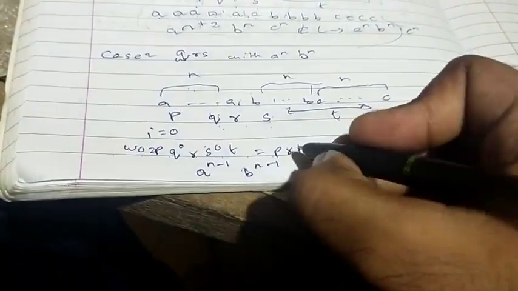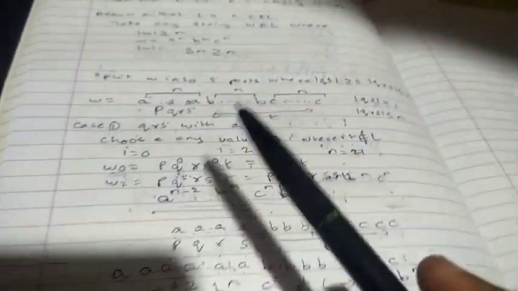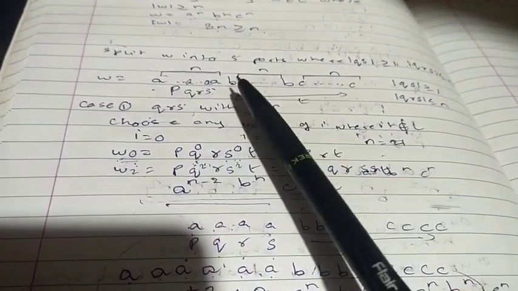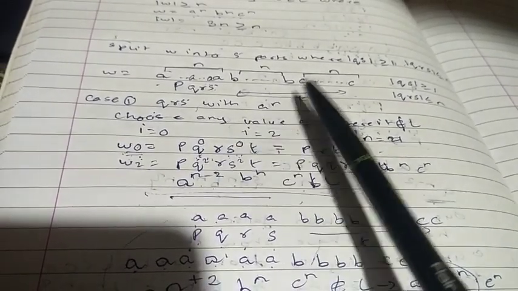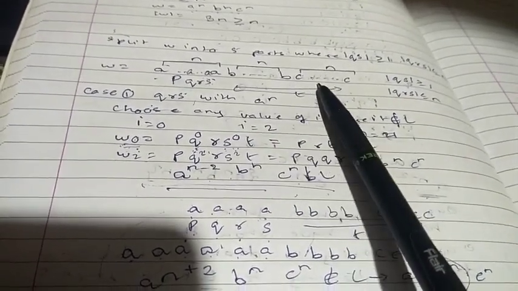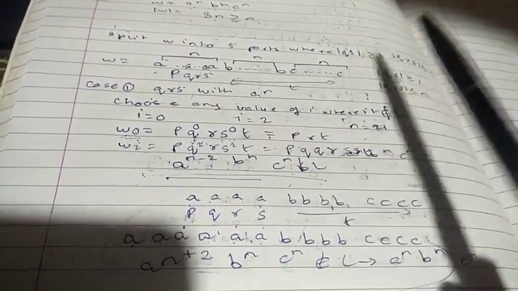Like this there will be QRS within B^n, then QRS between B and C, and QRS within C^n.